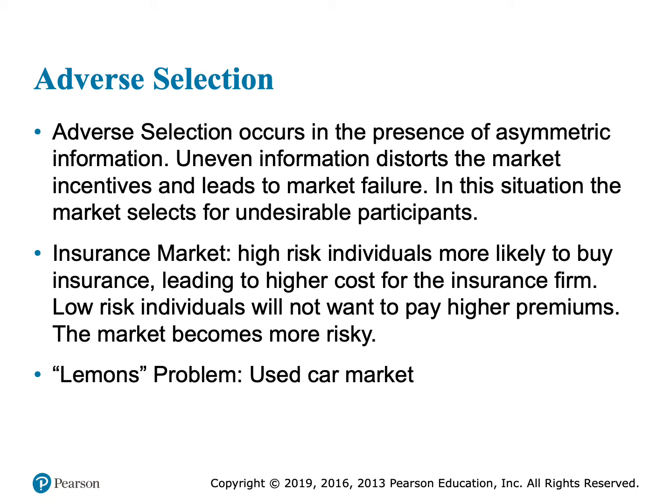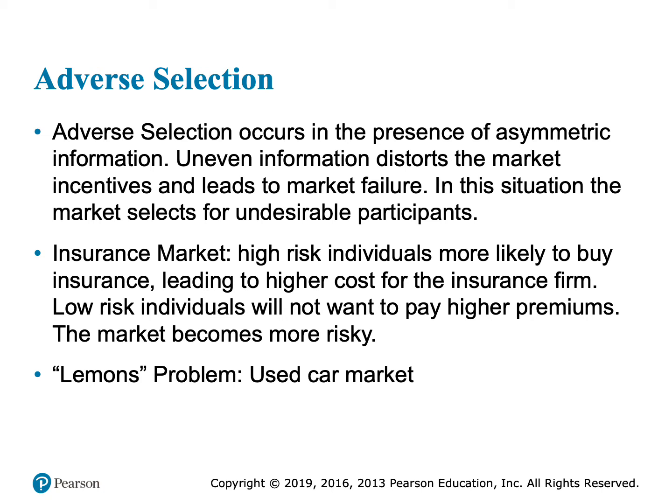They'd be the only ones willing to buy premiums, and then the insurance company would have a portfolio of clients that were much more high risk than one that was distributed among risk profiles that were heterogeneous. And so it is likely then that the insurance firm will go bust or face financial constraints as they start to select for the undesirable market participants, the very, very high-risk individuals, right?